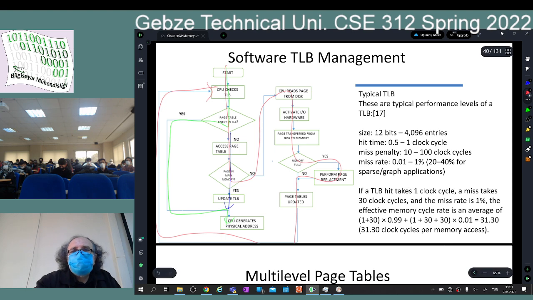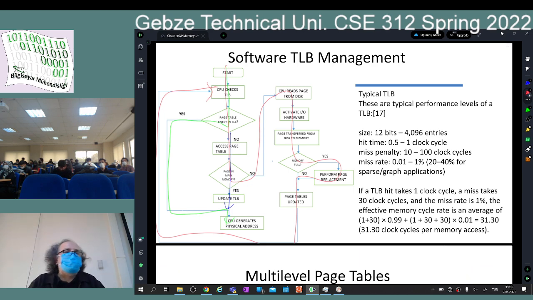Okay, let's look at this picture. A typical TLB. Let's say the size of my pages is 4K, 2 to the power 12. My hit time is just 0.5 to 1 clock cycle for the TLB.